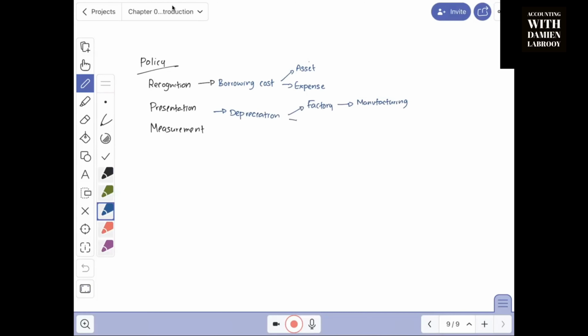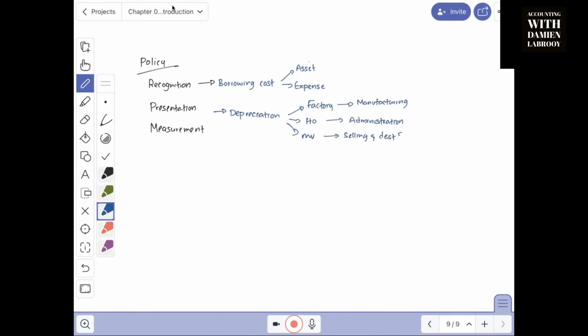Or else you can talk about your head office, which would be taken into administration expenses. Or your motor vehicle, which will be taken into selling and distribution expenses. So that is basically where you are going to present your depreciation charge. The place in which you are going to present it in your financial statements, that's an accounting policy.